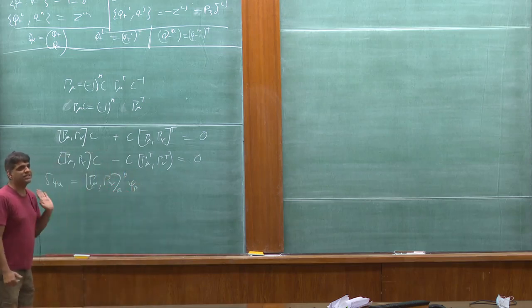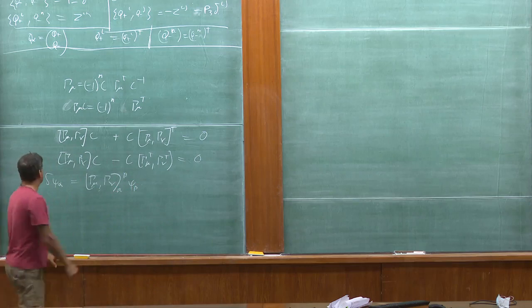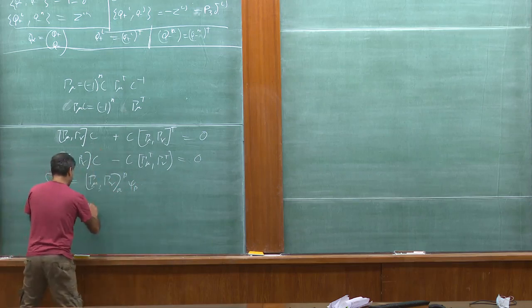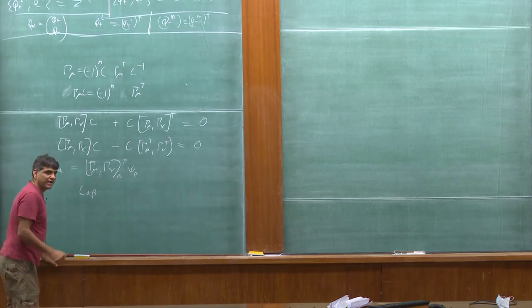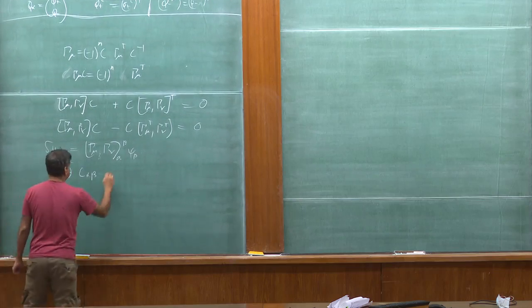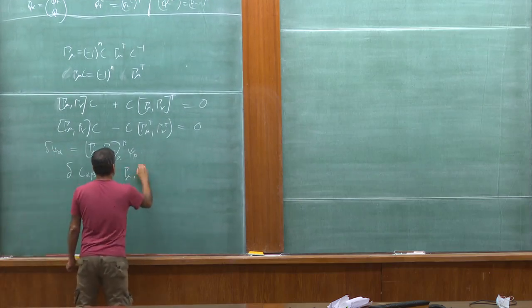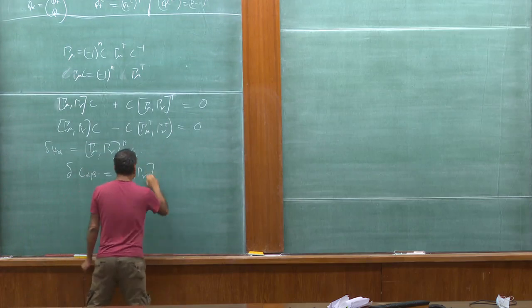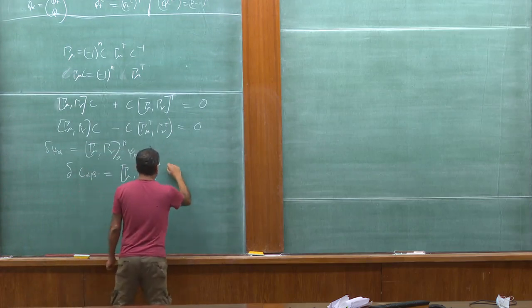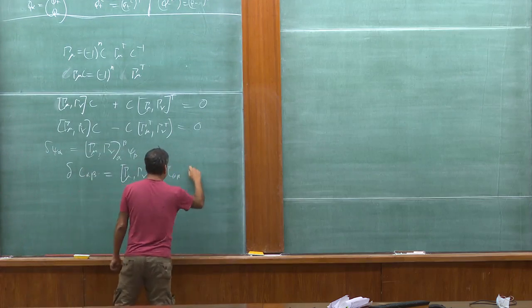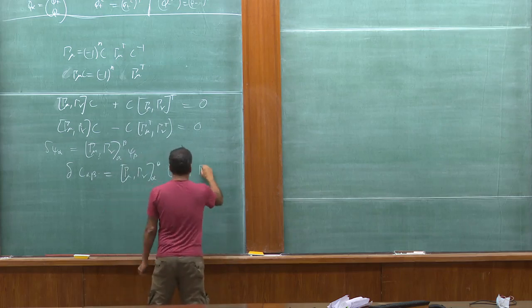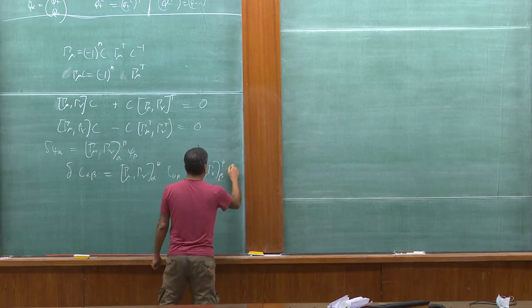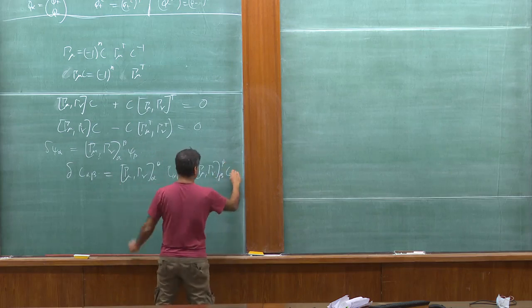That's what we have to do for each index. So the C was C alpha beta. So what did I have to do? So delta C alpha beta was equal to gamma mu gamma nu, alpha theta, C theta beta, plus gamma mu gamma nu, beta phi, C alpha phi.